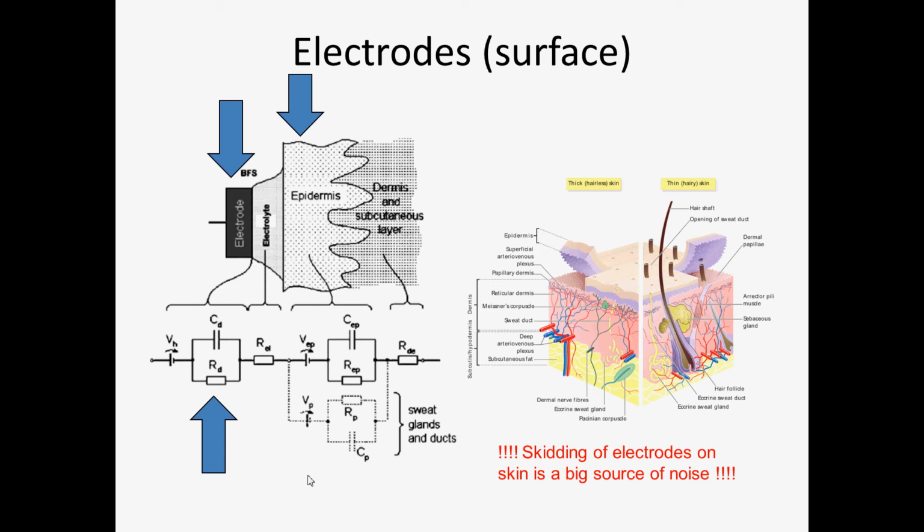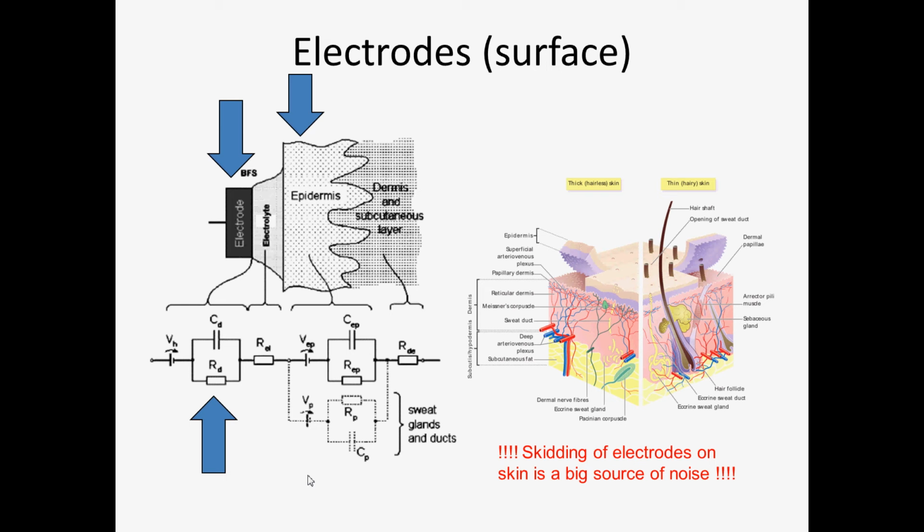Electrodes are mostly metal, and they are put in contact with something like the skin or cellular membrane, which doesn't have a neutral pH, right? What happens if you put a metal in contact with something that has not a neutral pH? Well, you generate a half-cell reaction.